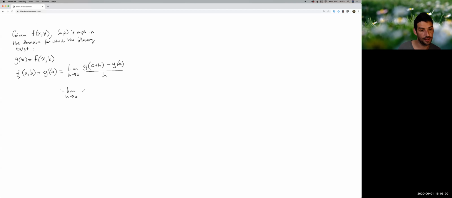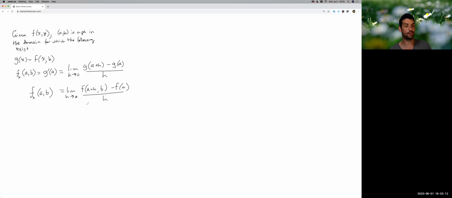This is f of a plus h comma b minus f of a comma b over h. And this is what we'll call the partial derivative of f with respect to x. We're measuring how f changes as x changes. In this case, we're looking at a particular point, the point (a, b), okay?